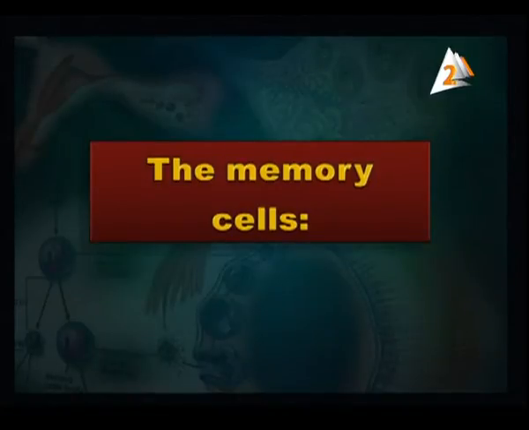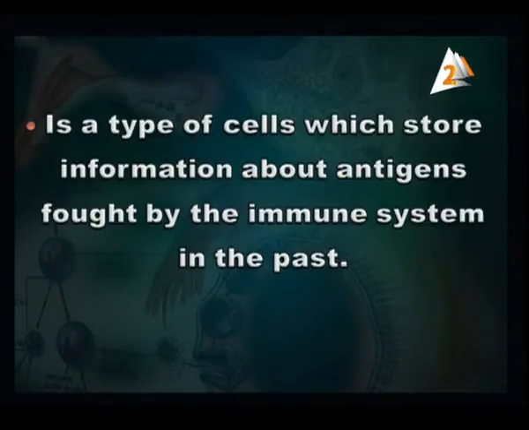Then what is a memory cell? It is a type of cells which store information about antigen fought or killed by the immune system in the past.